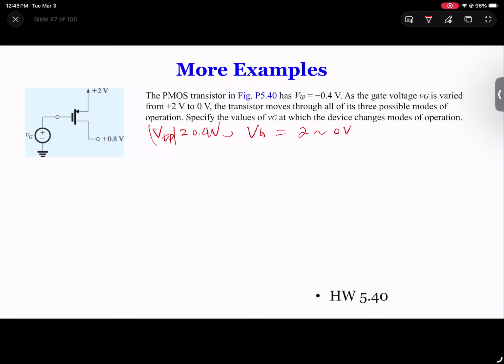This is a PMOS. So we have to do S, G, and D. So what is the condition for this to be in off mode? VSG has to be less than VT. Let's call it VTP here. So which means now we see that VSG is equal to VS minus VG, right?